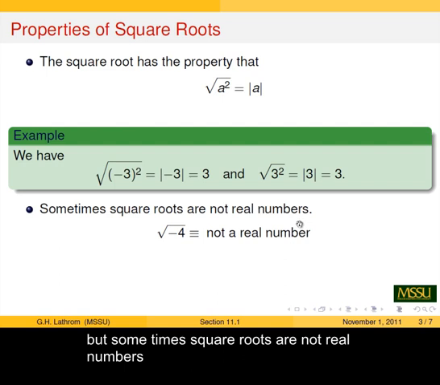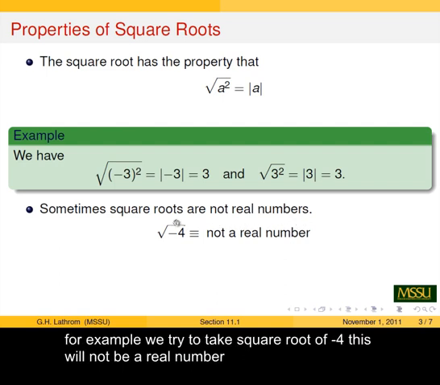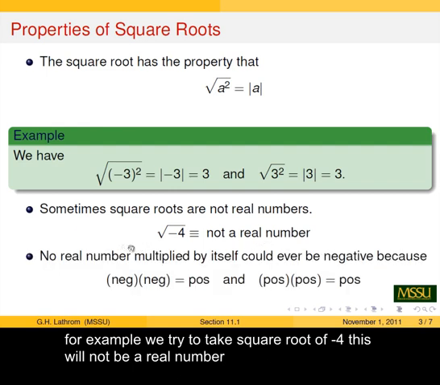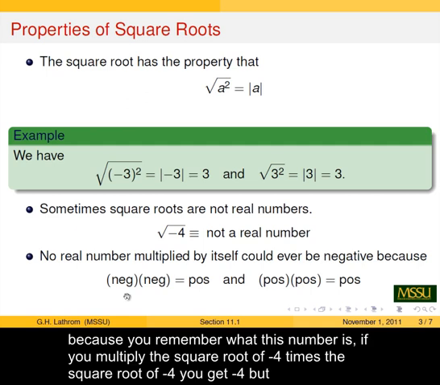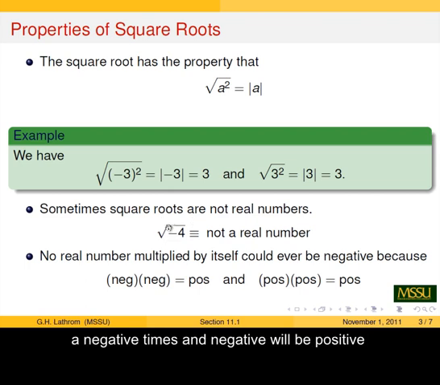Sometimes square roots are not real numbers. For example, if we try to take the square root of -4, this won't be a real number. Remember what this number represents: if we take the square root of -4 times the square root of -4, then we get -4.